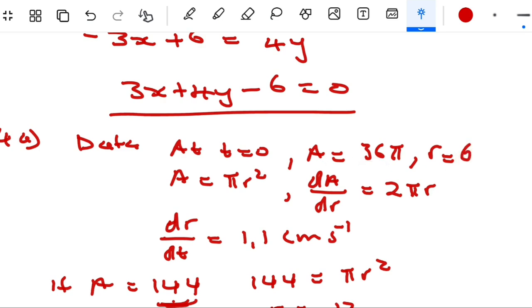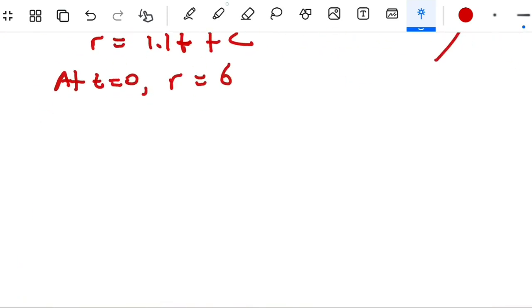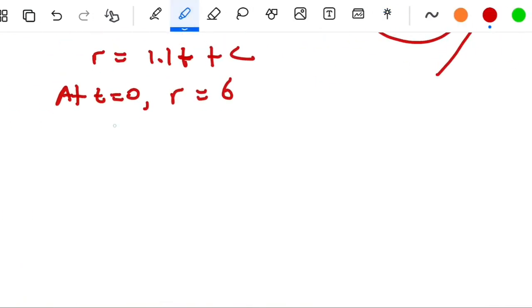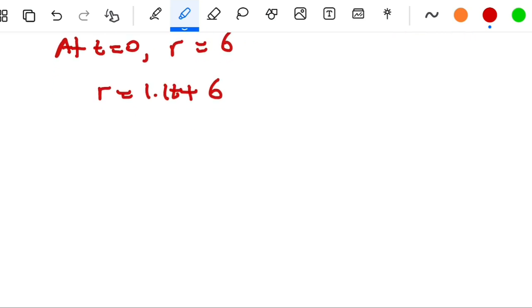So initially our r is 6, right? So having that one, we now know that our c is 6. So r equals 1.1 t plus 6.